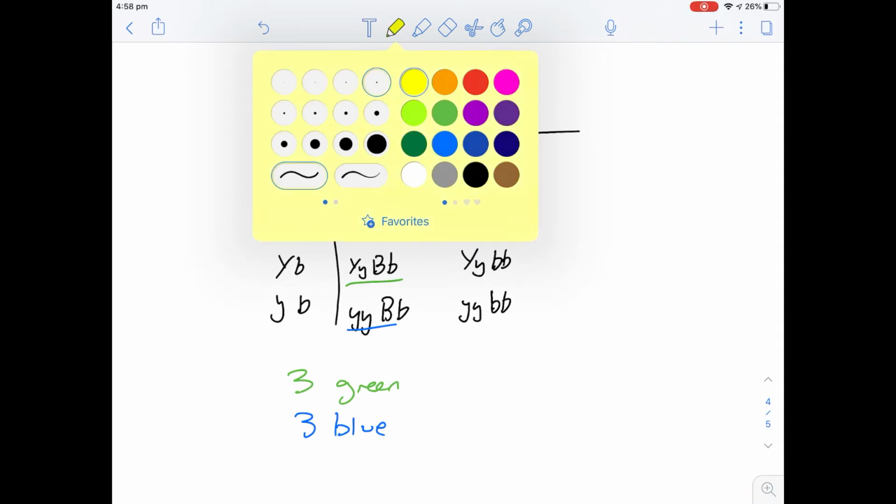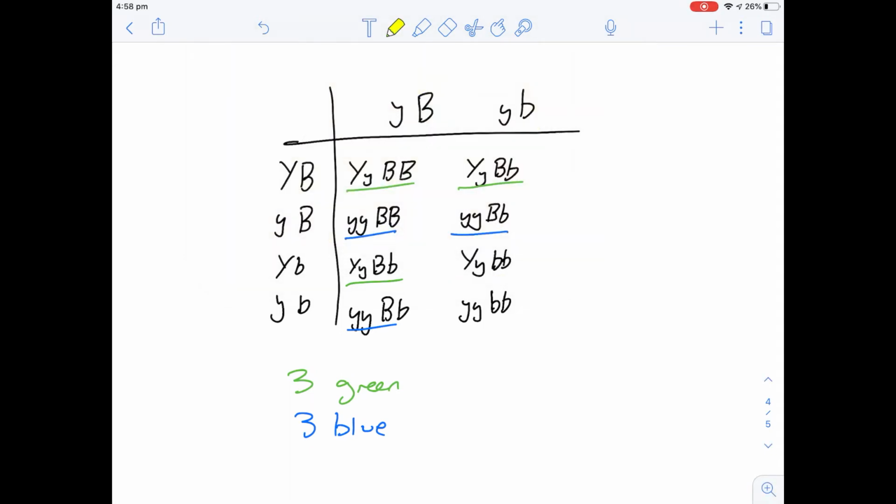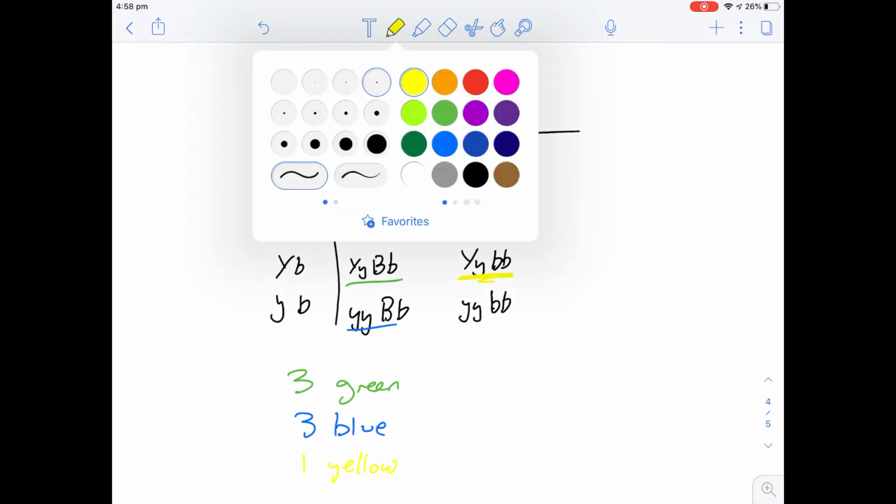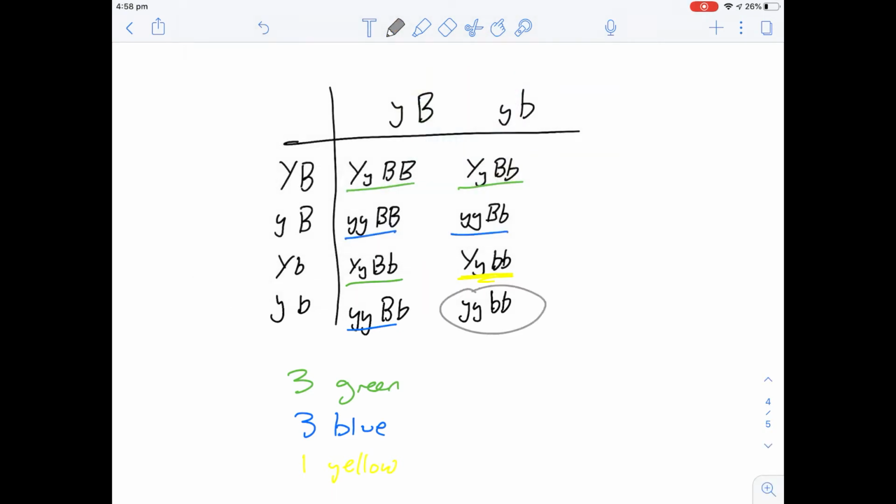And then finally we've got one yellow here. Yes, that's just one yellow here, because I hope you can see that, you've just got one dominant allele in the Y, but you're heterozygous for Y and homozygous recessive for B. And then finally we've got this weird one here, which is where we've got no pigment produced, so one for no pigment.